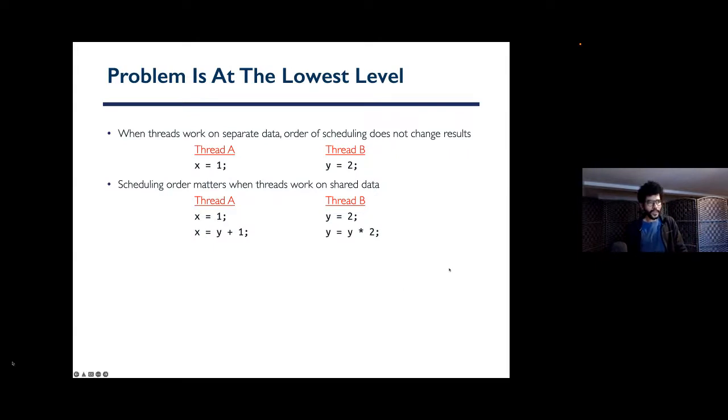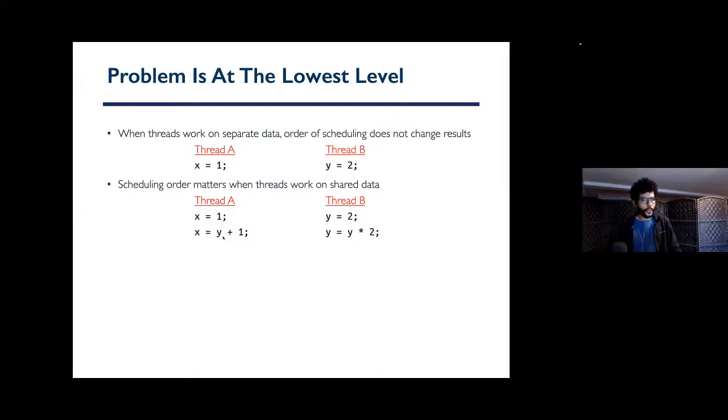So the result of them would be the same. The problem happens if you introduce a shared variable. In this example, there is X, there is Y, but then thread B only works with Y, but thread A works with X and Y. Now, I have a situation where two threads are using the shared data.